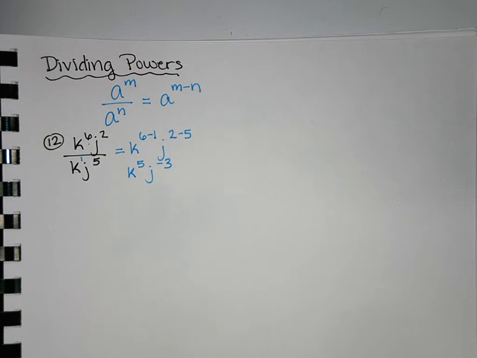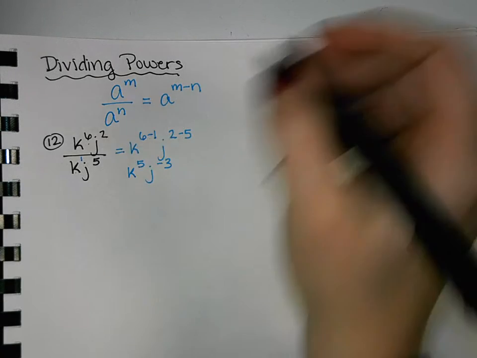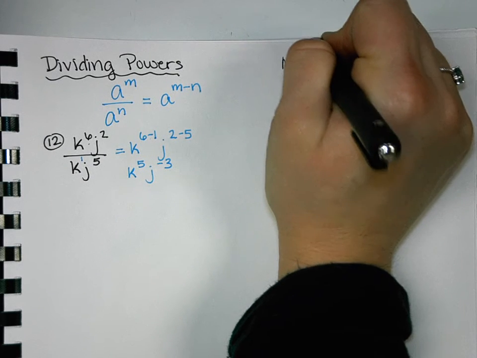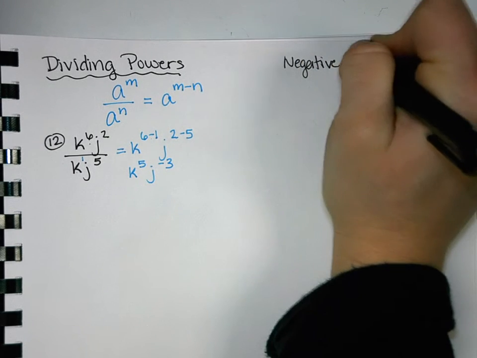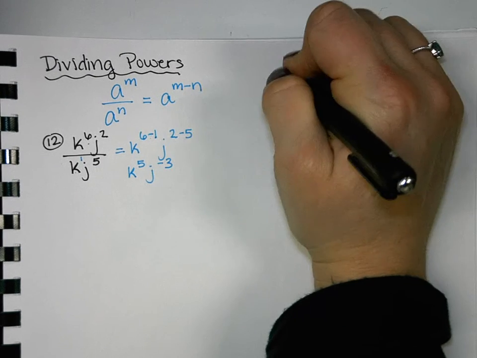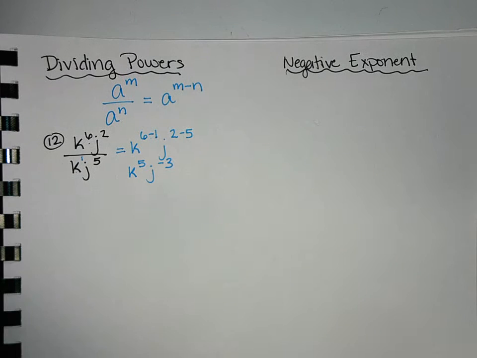And this kind of leads us to our next property. I'm just going to put it right over here. What do we do with a negative exponent to make it positive? Does anyone remember what we did for that? Chase?